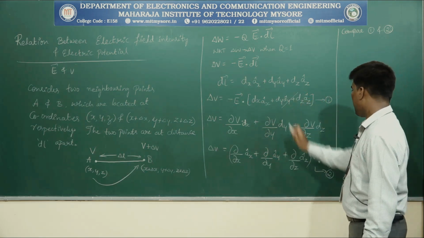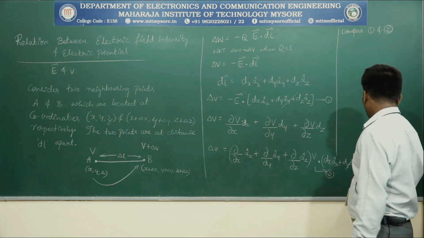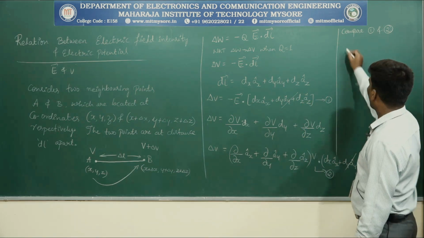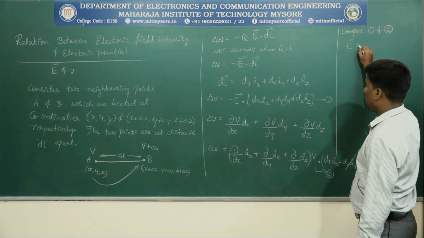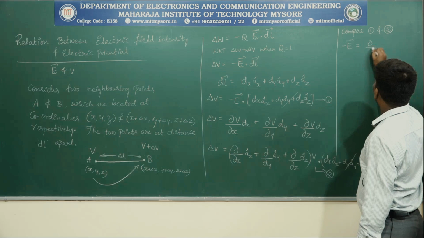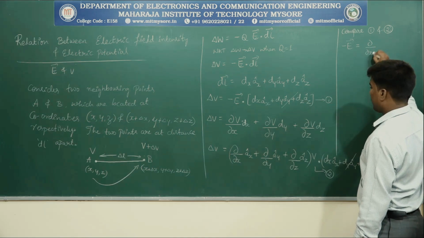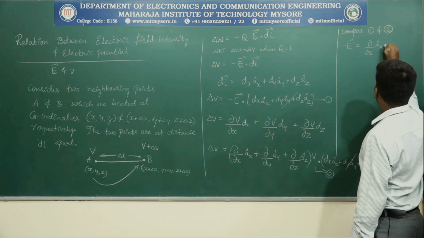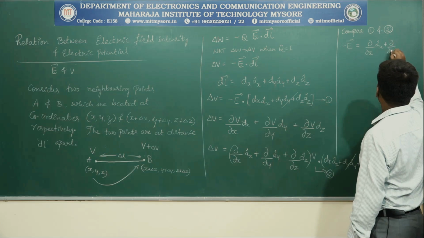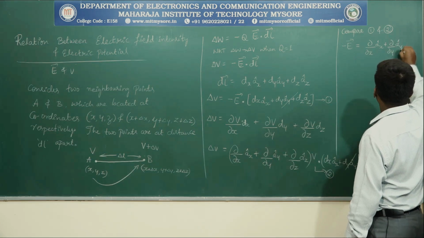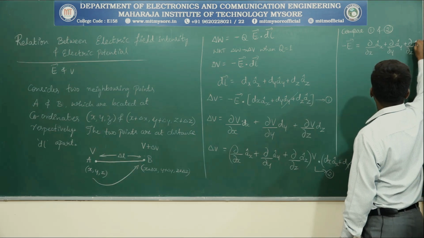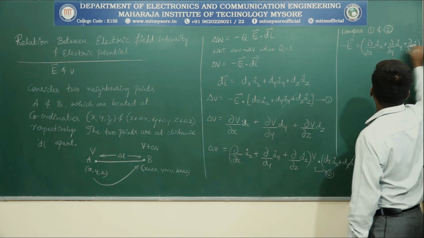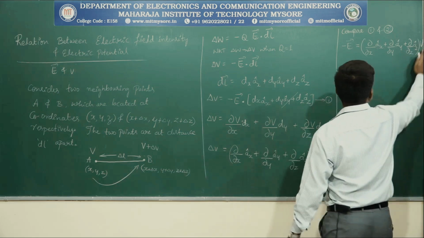See, this component and this component get eliminated. Then minus E is equal to (dou by dou x a_x plus dou by dou y a_y plus dou by dou z a_z) V.